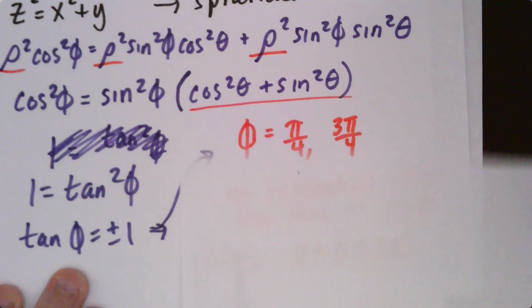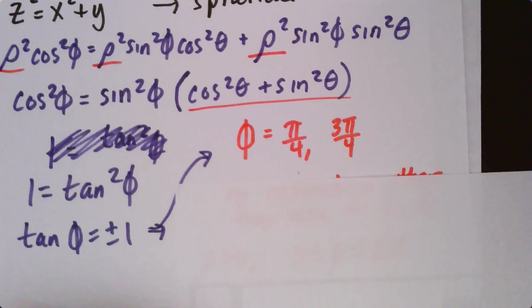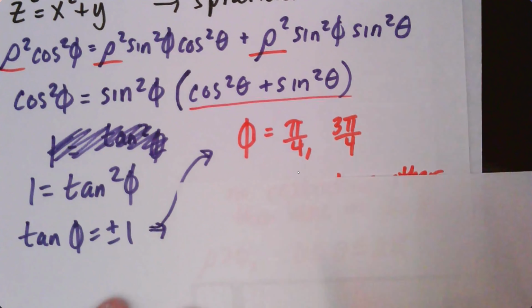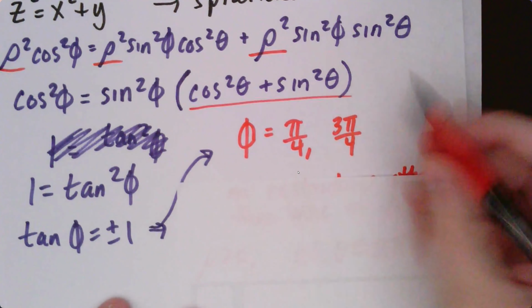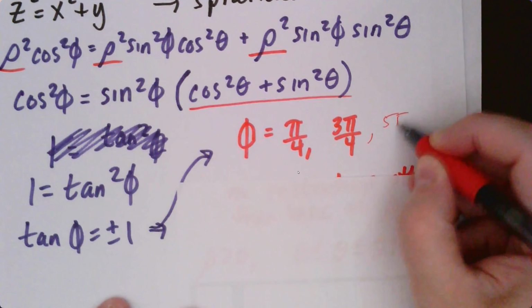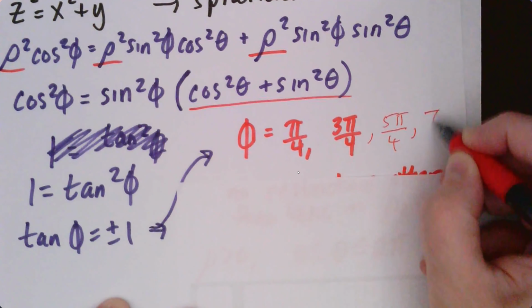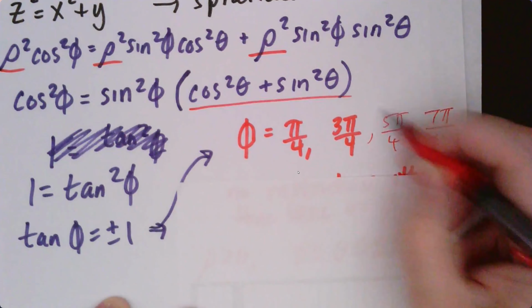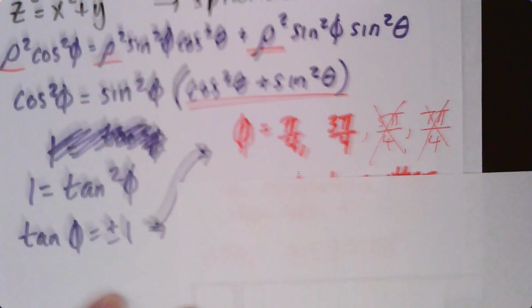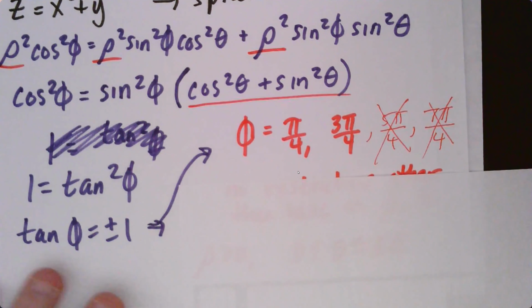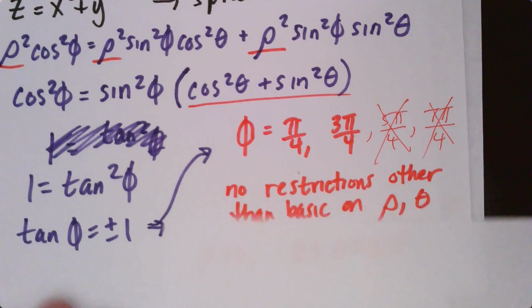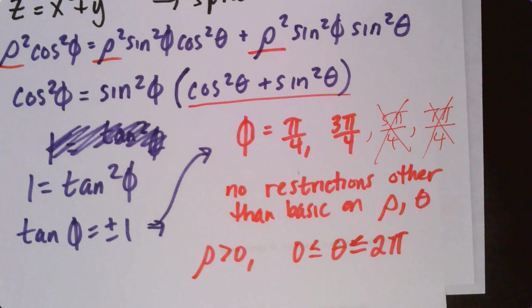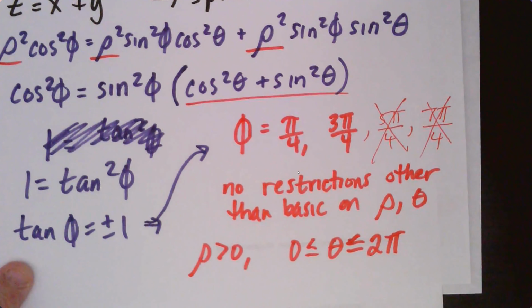So it's only going to give us pi over 4 and 3 pi over 4. The 5 pi over 4 and 7 pi over 4 get canceled out because they are beyond the scope of phi in this circumstance. So that's our equation though.